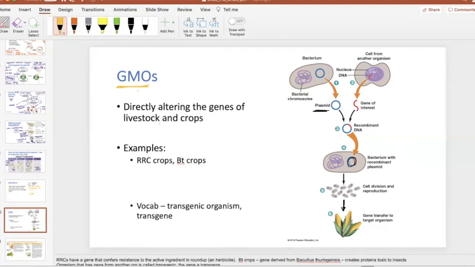In the process of genetically modifying plants or animals, what we're doing is we're directly altering the genes of livestock and crops. So here you can see we have our bacteria and a plasmid, right? And we have a gene of interest. This gene of interest might be an insect resistance gene.